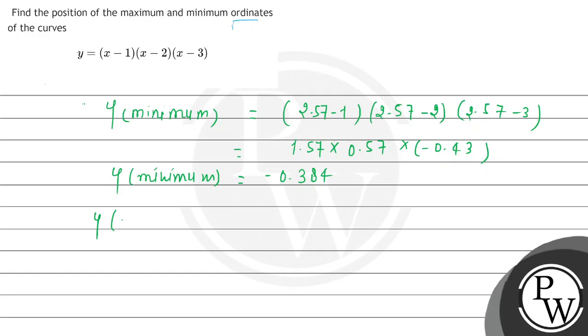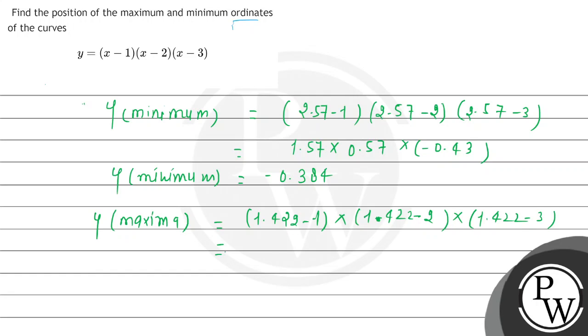Now we have to calculate the maxima value that we get at the point 1.422. So let's put in that value here: 1.422 minus 1, into 1.422 minus 2, into 1.422 minus 3.